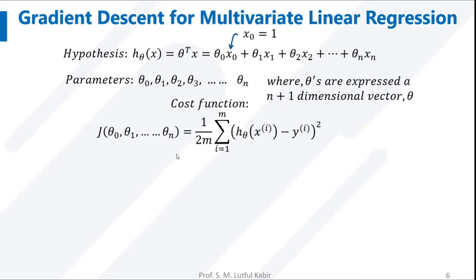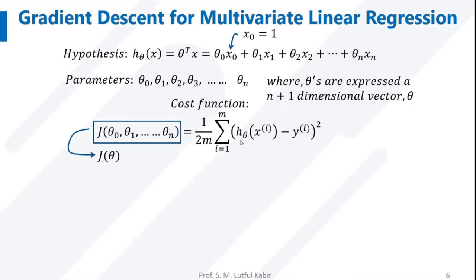So J of theta 0, theta 1 up to theta n, we can write as only J of theta, where theta is a vector. So J of theta equal to 1 over twice m, summation of i equal to 1 to m, h theta of x i minus y i, whole square.